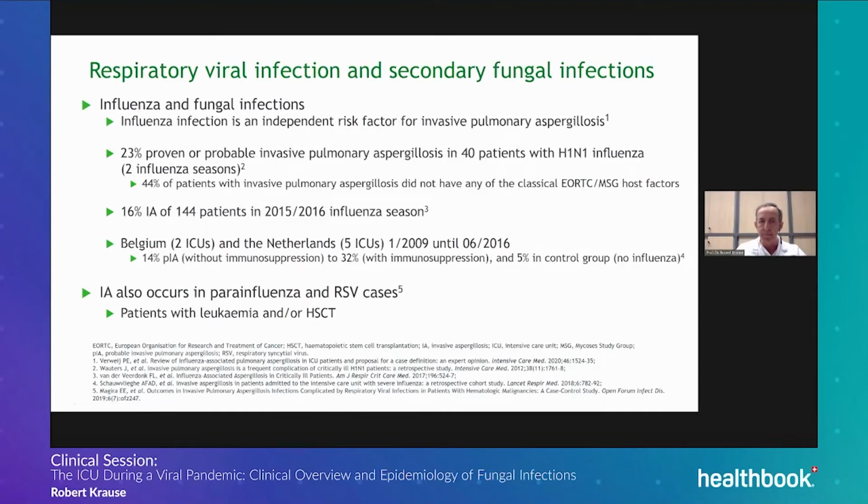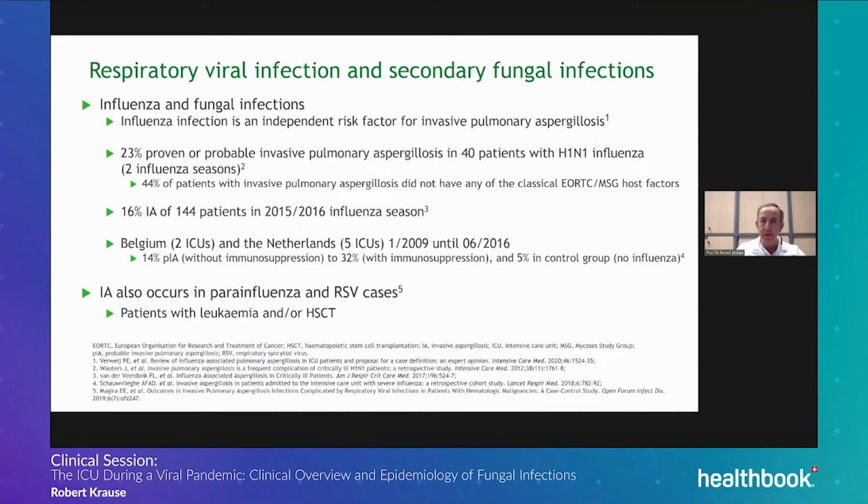And the study that boosted this topic the most was the Belgium and Netherlands study from Schauwvlieghe, where 14% of patients with influenza had pulmonary invasive aspergillosis when they were not immunosuppressed, up to 32% when there was immunosuppression present. In contrast, the rate of invasive aspergillosis was 5% in the control group.